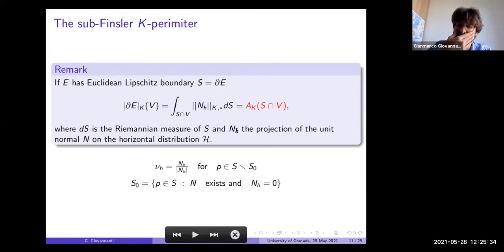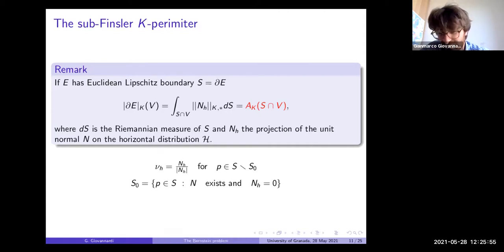When NH is different from 0, I can define the horizontal unit normal, that is nu H, the normalization of this vector field. But I can define this normalization only out of the singular set. The singular set is all the points in S such that the normal exists and the projection of the normal onto the distribution is equal to 0.